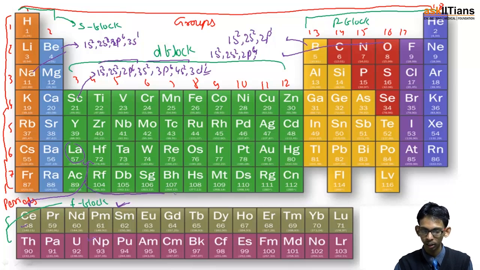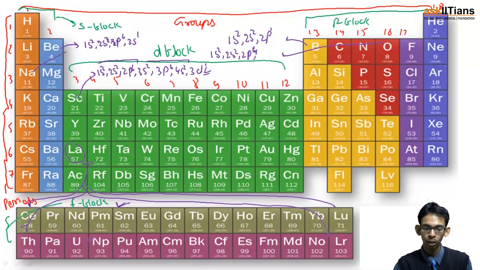So the first row belongs to this position after lanthanum, and similarly the second one belongs to this side. And now why they are placed outside the periodic table is to maintain periodicity. It was observed that if these are placed within the main body of the periodic table, the periodicity of the properties of elements gets disturbed.